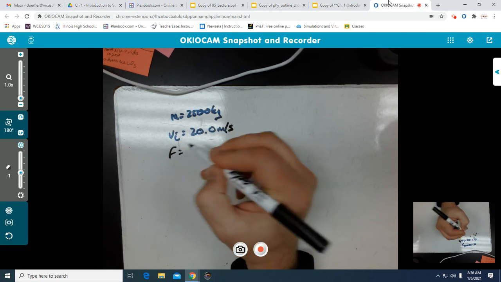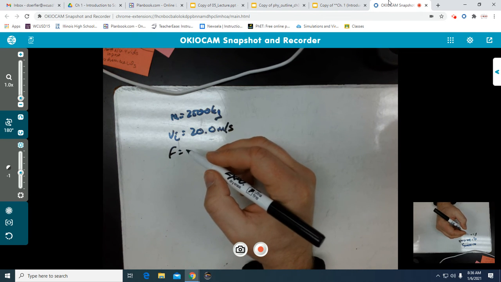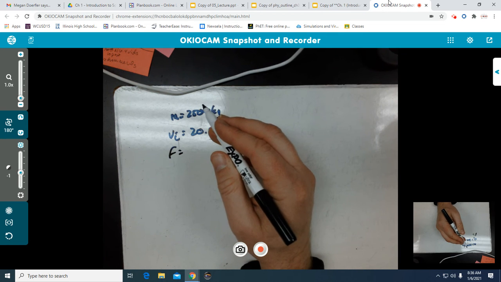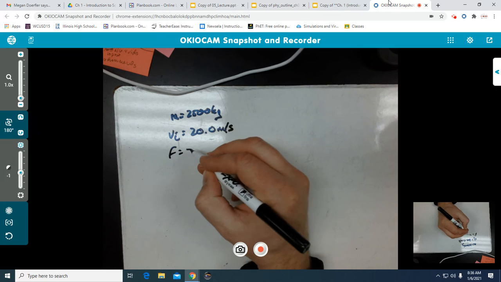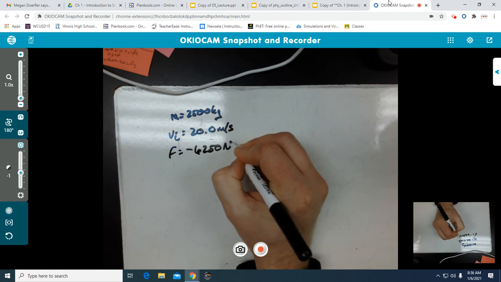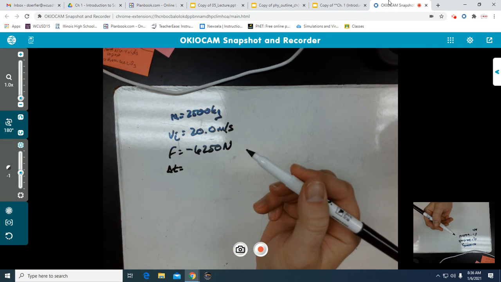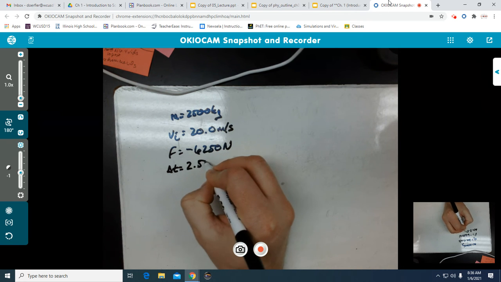The force is, again, acting in the opposite direction of the motion. So if the vehicle was moving north, and the question says the force was in the exact opposite direction, we have negative 6,250 newtons. And we're concerned about what the car's velocity is after 2.50 seconds.